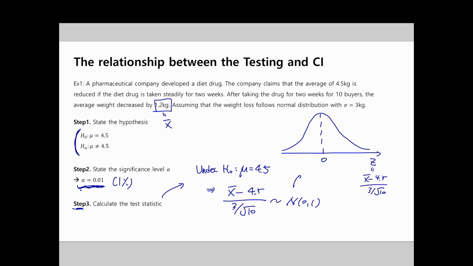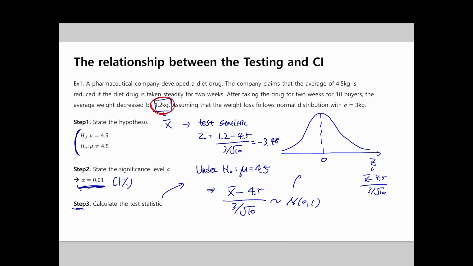Like this. Okay, based on the given sample mean, 1.2, so the statistic Z0 equal 1.2 minus 4.5 equal minus 3.48.